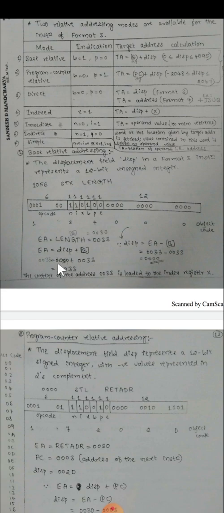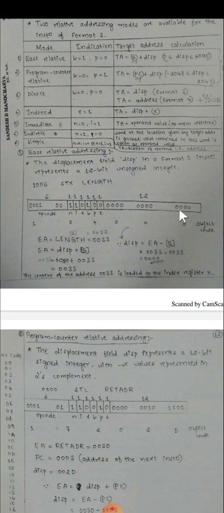So the displacement value will be EA minus the content of register B. EA is 0033 minus B is 0033, and make a hexadecimal subtraction here, don't do normal subtraction. With the calculator we will get 0000. It means the displacement will be filled with 3 zeros.